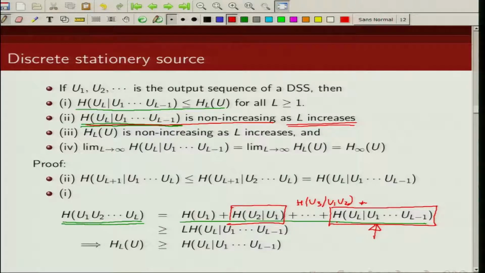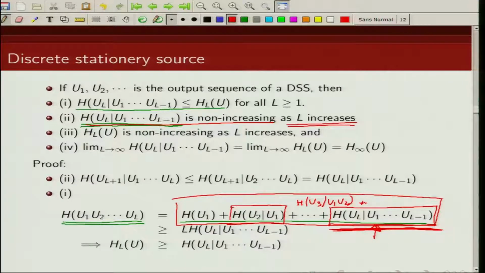So among all these terms, this term will be the smallest, and there are L such terms. So this summation can be lower bounded by L times this particular term. That is, this joint entropy is greater than or equal to L times the uncertainty in U_L given U_1, U_2, ..., U_{L-1}. So this we obtain from the chain rule, and by applying this property too.